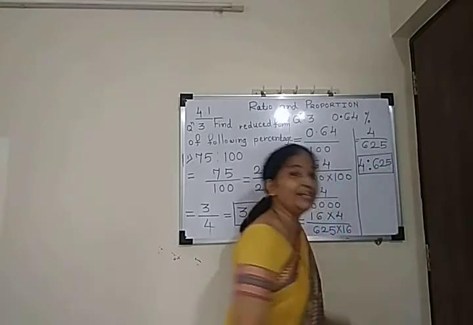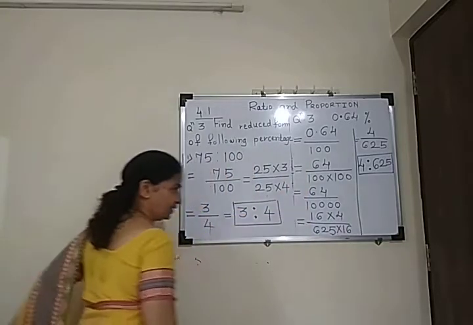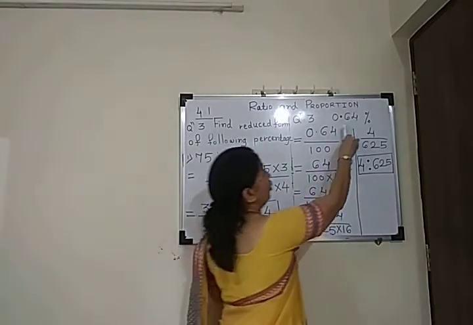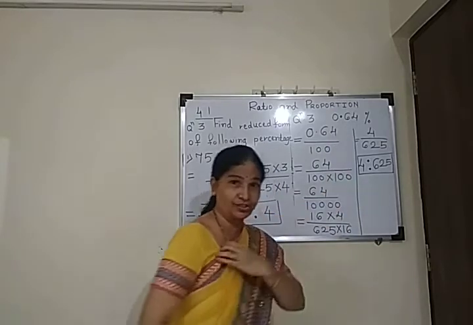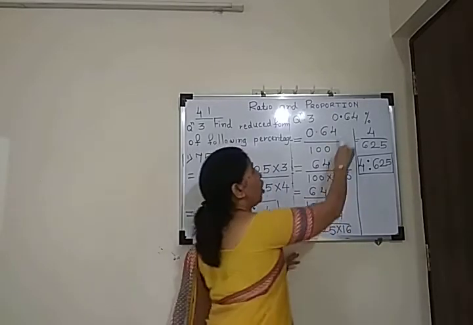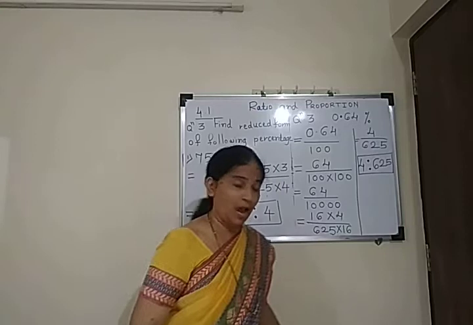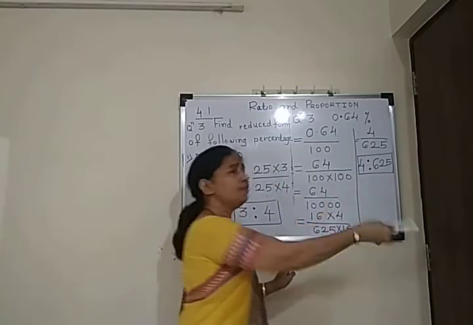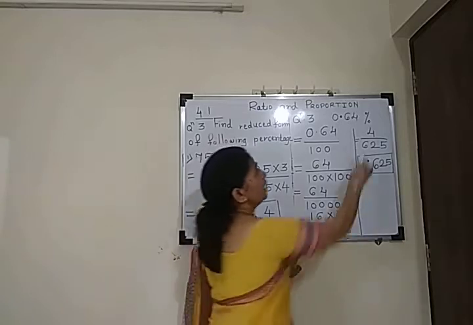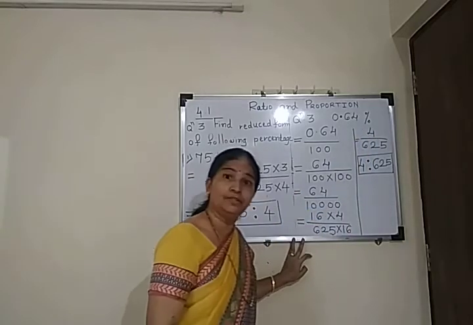Okay, see the example once. We have to express this percent in reduced form, and at last we have to write the ratio. How can we solve it? What does this sign mean?